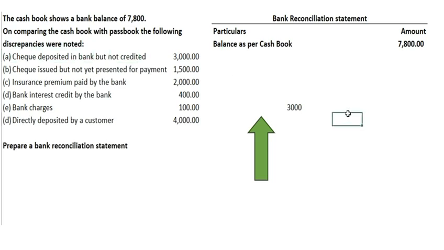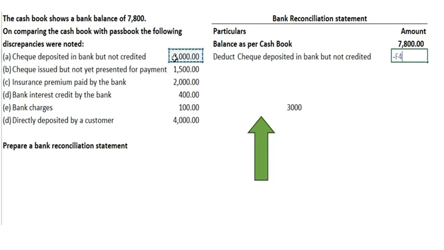So in order to reach the bank's balance, we need to reverse what the accountant has done. He increased 3,000, so we need to reduce. The amount is 3,000.